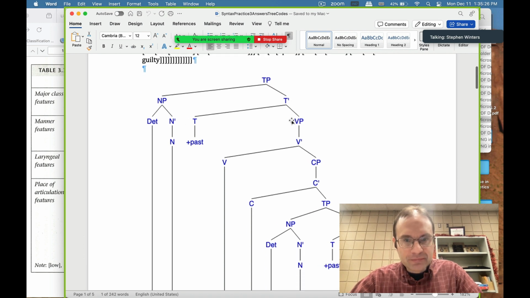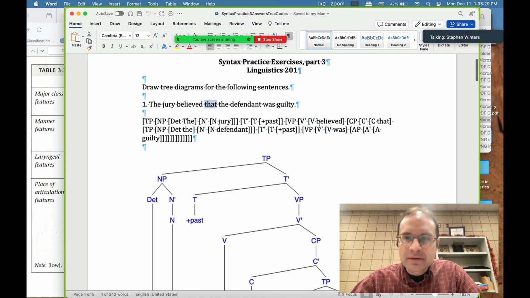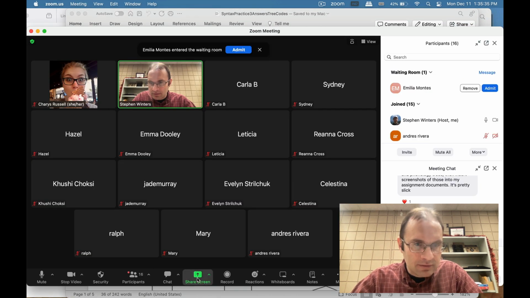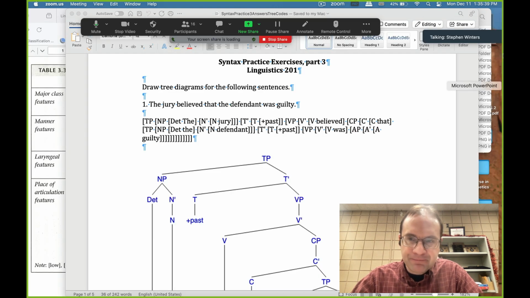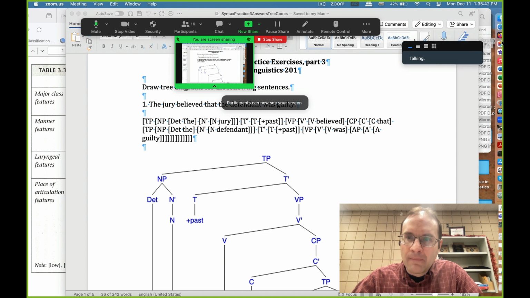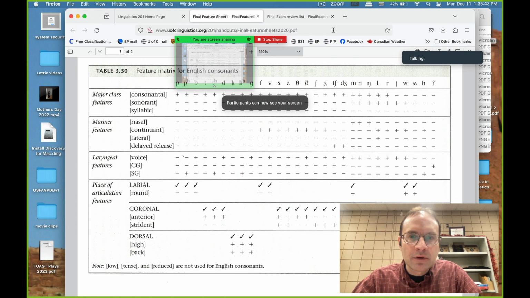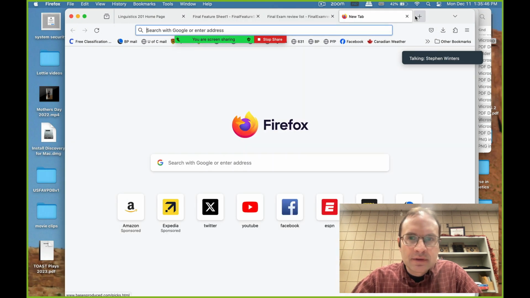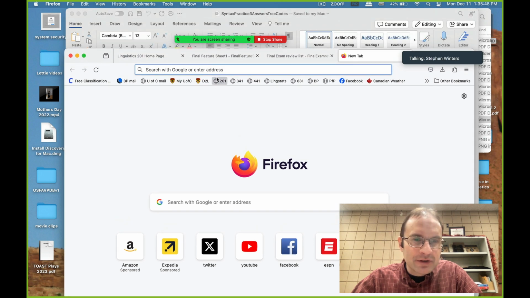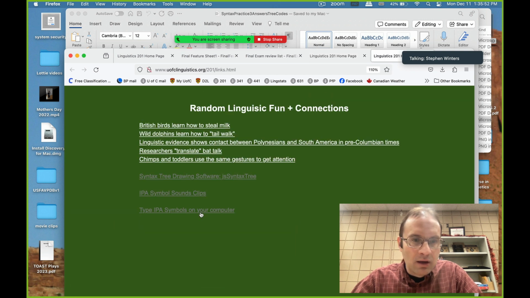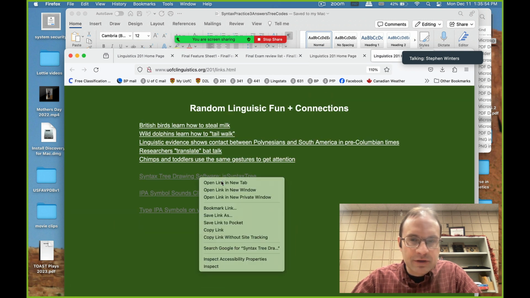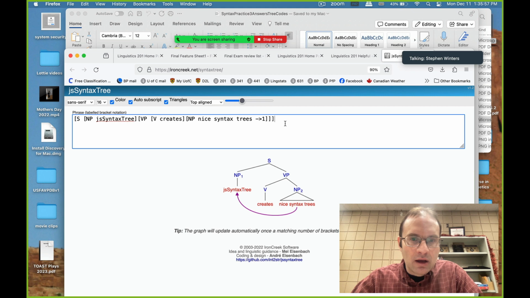Maybe I can do this another way as well. If we go to the tree drawing interface, I'll throw this up here.